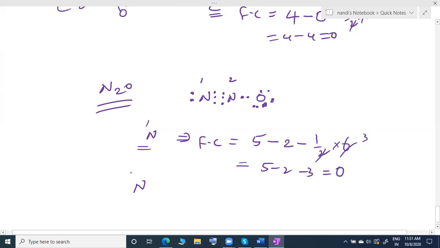So nitrogen 2, the second nitrogen, formal charge. So 5 minus, here there is no lone pair of electrons, that's why 0. These are the sharing of electrons. Here this nitrogen has 6 electrons from the sharing.